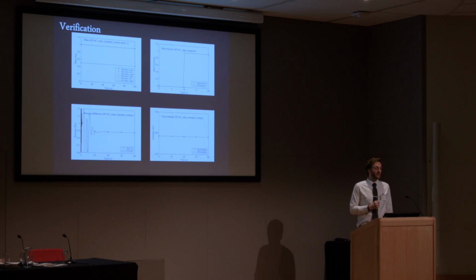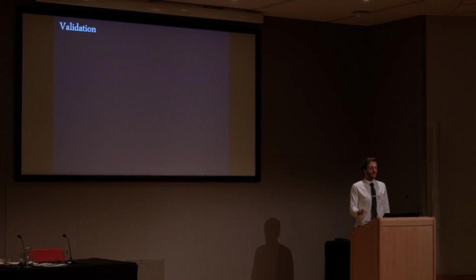After you verify the numerics of the code, you move on to validation, and this is where I am currently. I'm in the process of designing a set of experiments which I'll both use to validate my hybrid model, but also to experimentally examine the effect of a total building system on the fire, the bidirectional two-way coupling of the total building system and a fire.